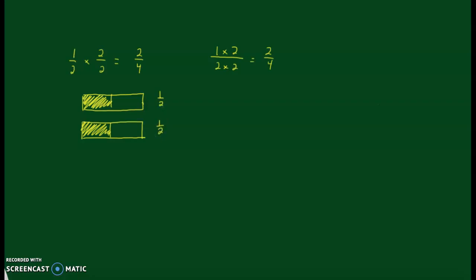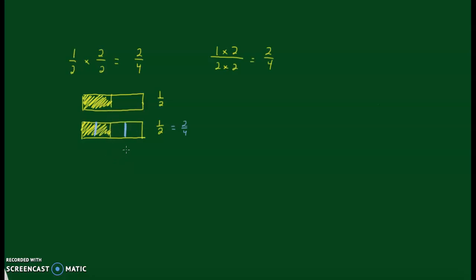But if I take this bottom part and I now separate that into fourths, this becomes 2/4, and 1/2 is the same as 2/4. So we have equivalent fractions. An equivalent fraction is where two fractions have the same amount or the same value. They just have different size pieces.